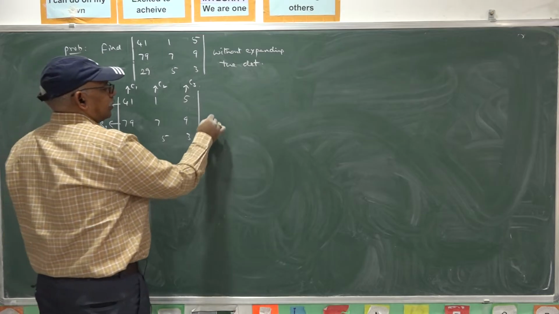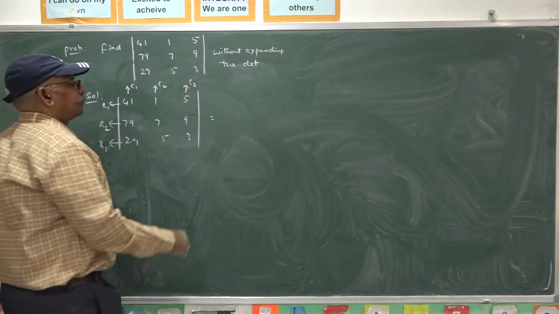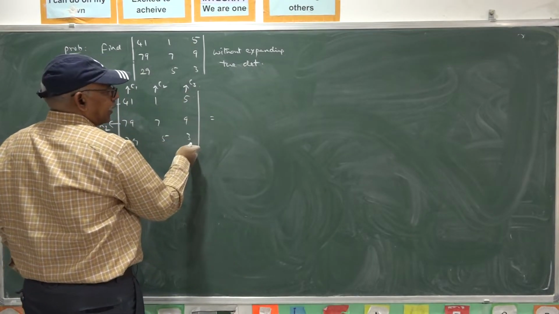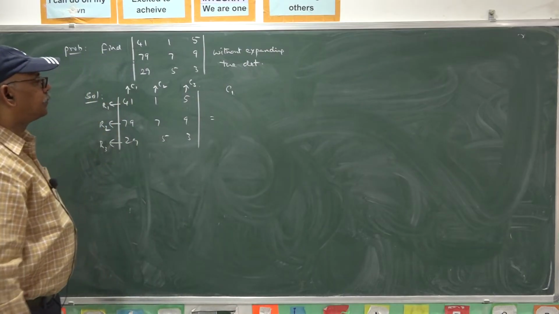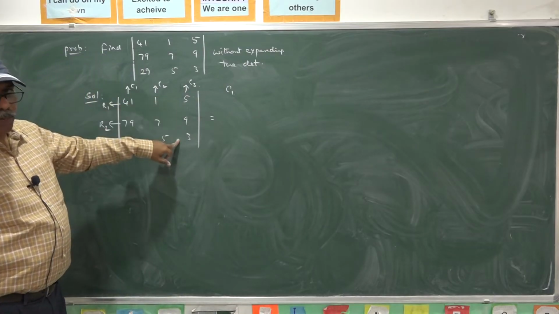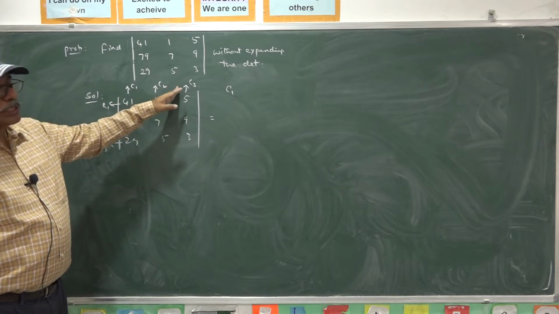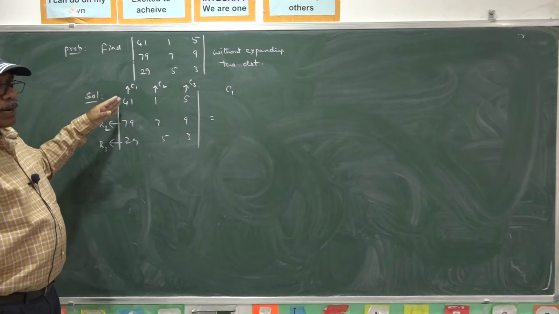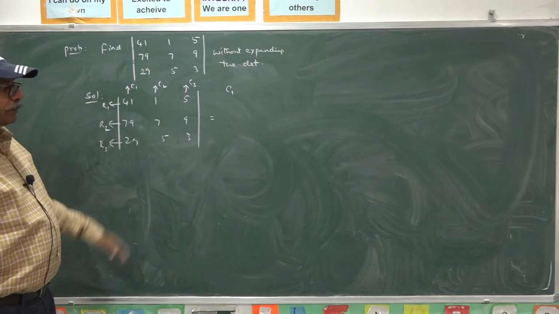So this determinant is equal to, taking the transformation, multiply the C3 elements with a constant 8 and subtract those values from the elements of C1.